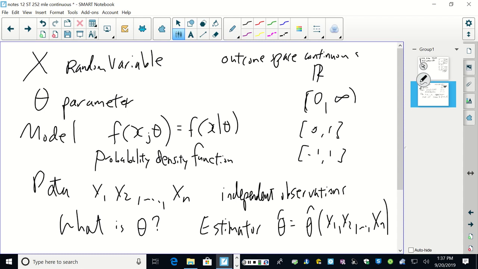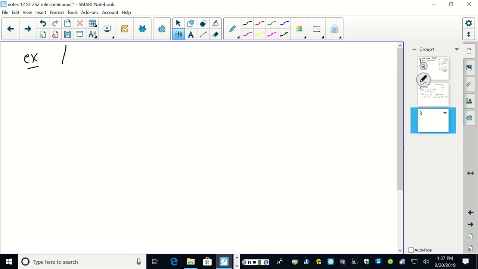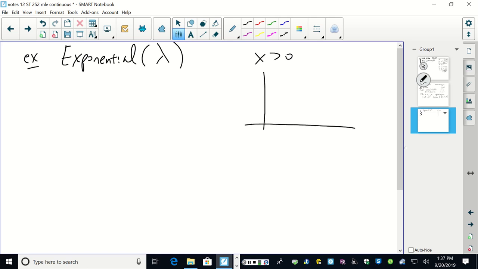So let's look at an example. Right? So an exponential random variable has a parameter, we'll call it lambda. So instead of theta, we're going to use lambda. We're going to change the Greek letter corresponding to whatever the application is and what's kind of typical in terms of that one. So in this case, our variables values are greater than 0.